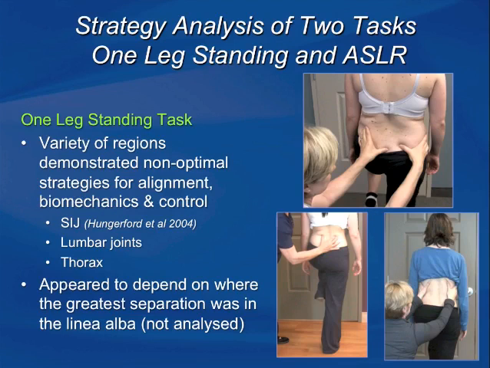In a number of different regions, yes, in the sacroiliac joint, but also in the lumbar spine and in the lower thoracic rings. So there were ring shifts in some, there was poor rotational control in the lumbar spine in others, and unlocking or giving way of the sacroiliac joint in yet others. And in some, they had the whole shebang. They couldn't control anything. And it really appeared to depend on where the greatest separation was in the linea alba. And this wasn't directly analyzed, and that's just a clinical opinion, which I think I'm allowed to have.